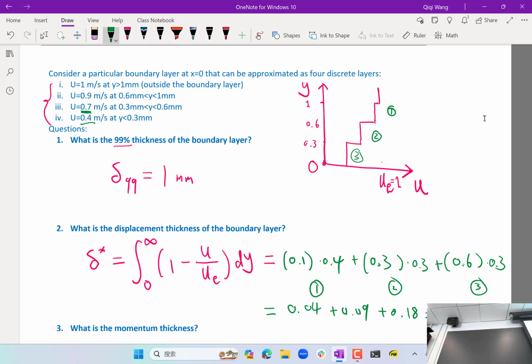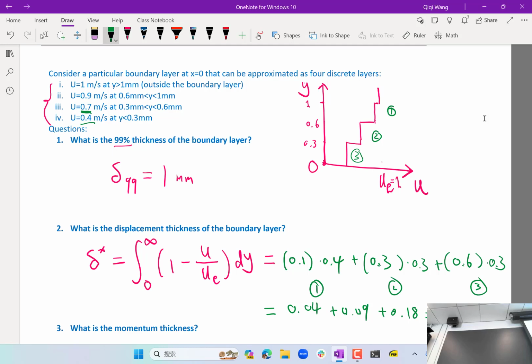When u is equal to 0.9 and ue is equal to 1, u over ue is 0.9, right? So 1 minus 0.9 is 0.1, so that's what happens over here. And because we are integrating over a constant, the integral is this constant times the length of the integration. And in this layer, the length of the integration is going from 0.6 to 1, so it's 0.4.